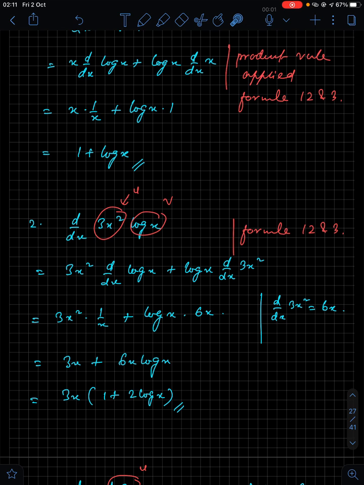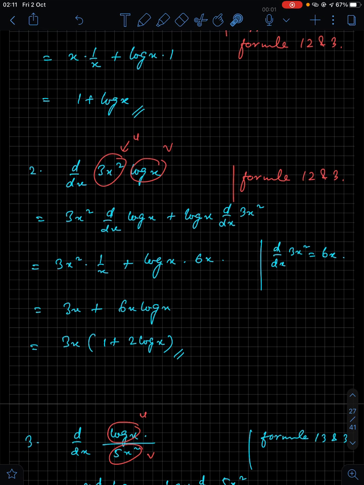Question number 2. d/dx of 3x square into log x. So 3x square is taken as u and log x is taken as v. So you have 3x square d/dx of log x, which is u d/dx of v, plus log x d/dx of 3x square, which is v d/dx of u. So d/dx of log x gives you 1 by x and d/dx of 3x square gives you 6x.